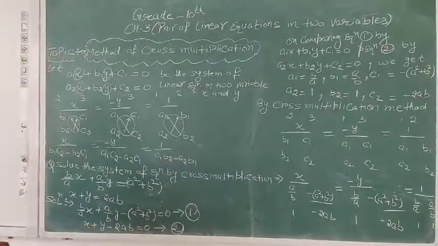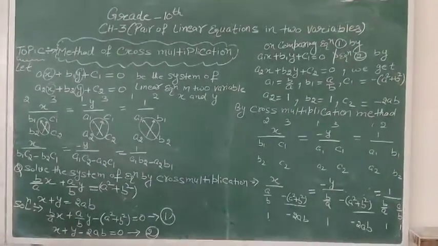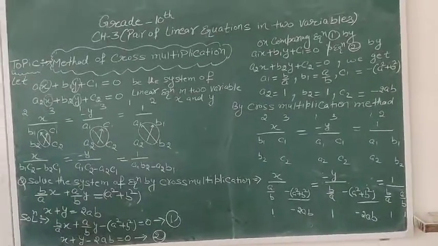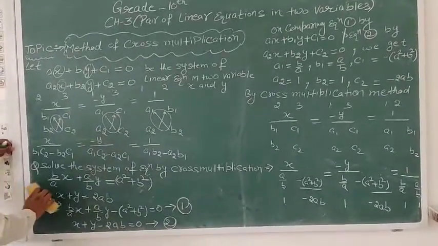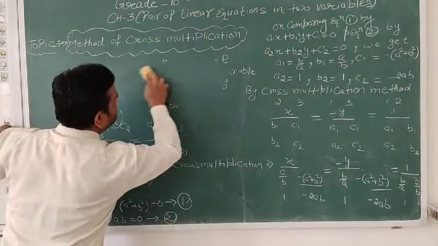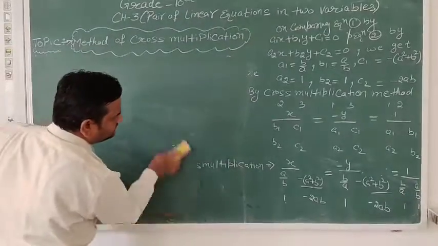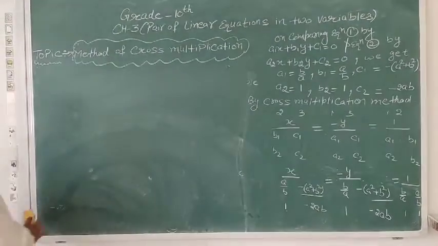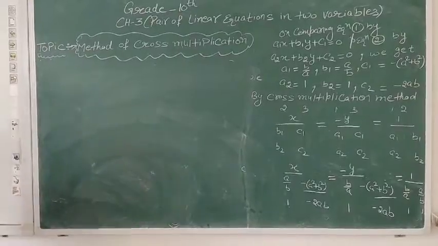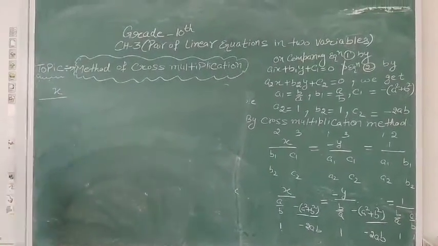So what is the next procedure? We have to go for actual multiplication in order to get our result for x and y. So see, x upon, be careful for your multiplication.